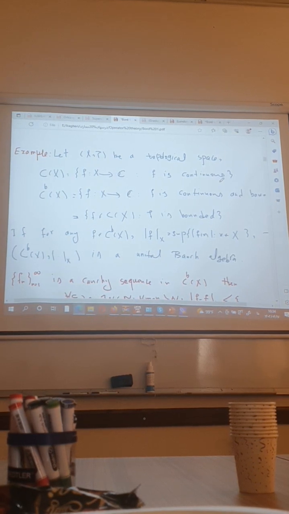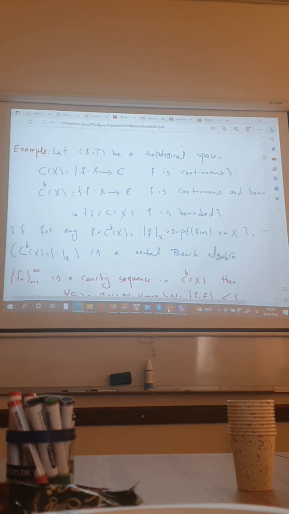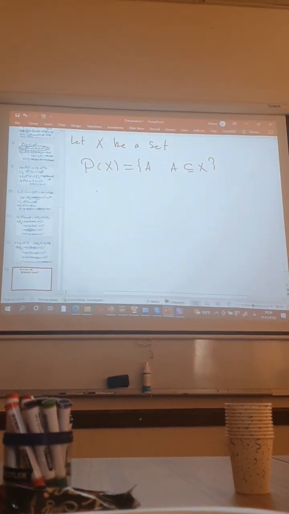It is very nice that if we have a topology, please pay attention.